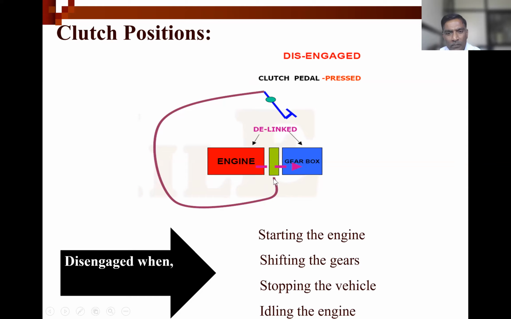This is the engine, and this is the clutch pedal. The clutch pedal linkage is given to this clutch assembly so that we can have the disengagement. So here you can see the engine is disconnected from the clutch and accordingly power is not transmitting to the gearbox.